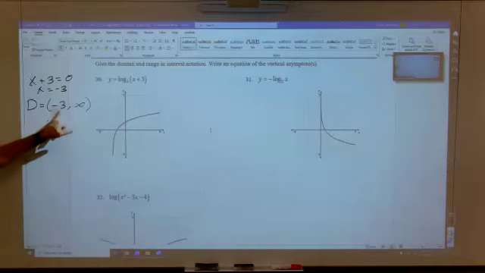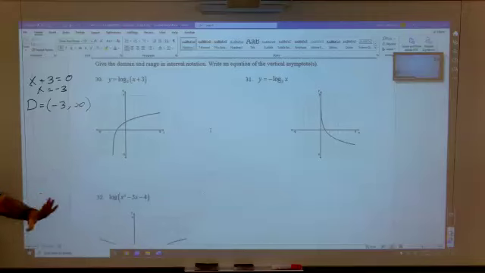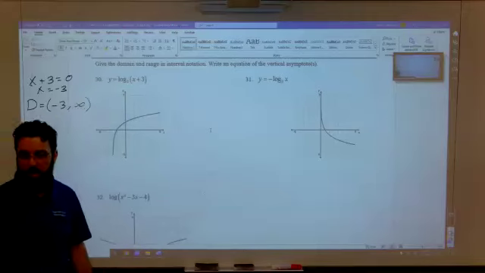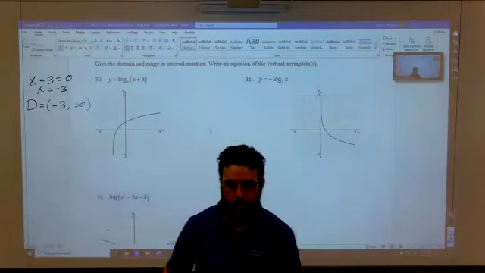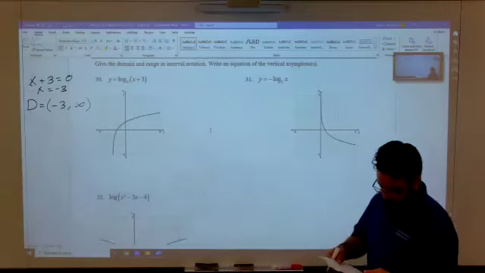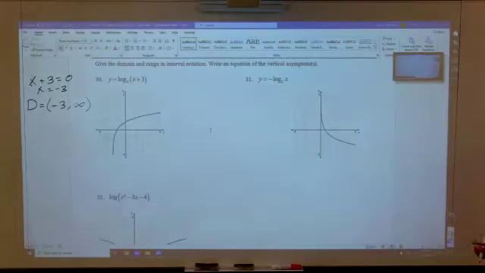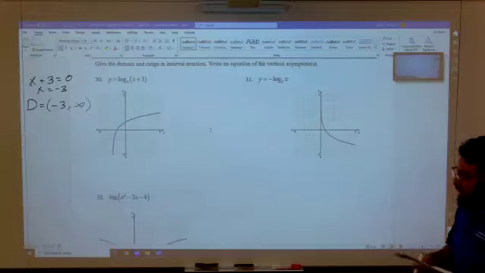So if I pick a number really close to -3, which is -2.99, go ahead and plug in this number here. How much is it going to be? Don't forget the base is 2.